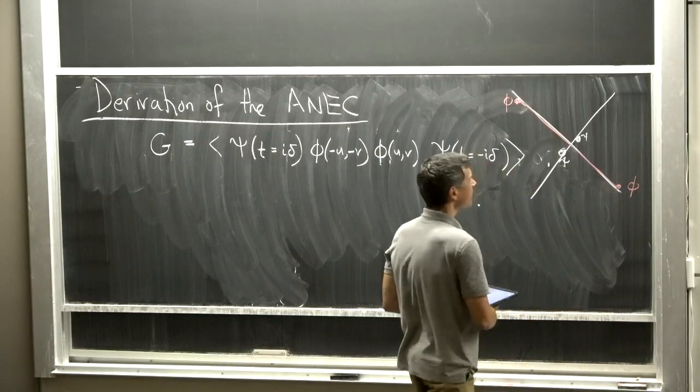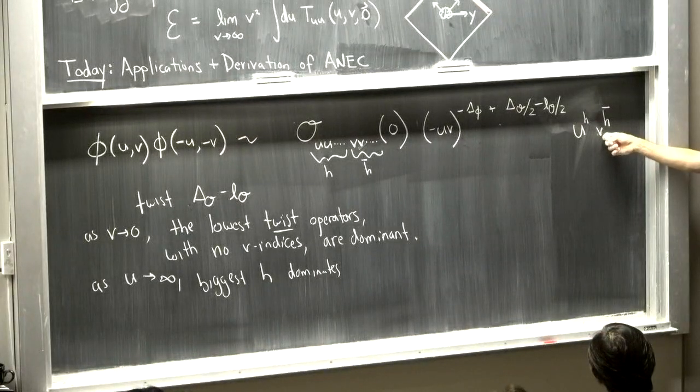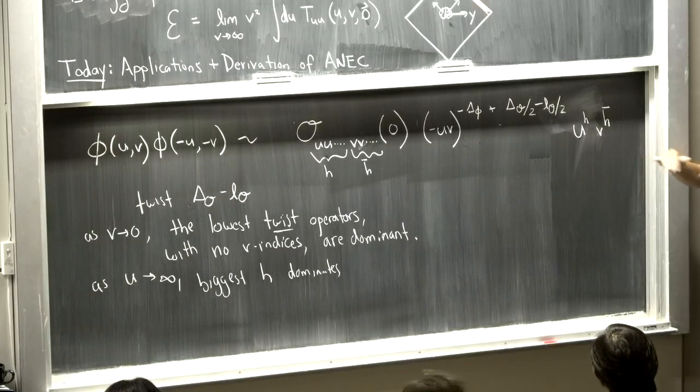But the short answer is that when you're in the lightcone limit, let's look back at this correlation function here. When you're in the lightcone limit, you're expanding in V, and so you can always make it a good expansion by taking V to be small enough. I said good expansion, being a little bit careful here.